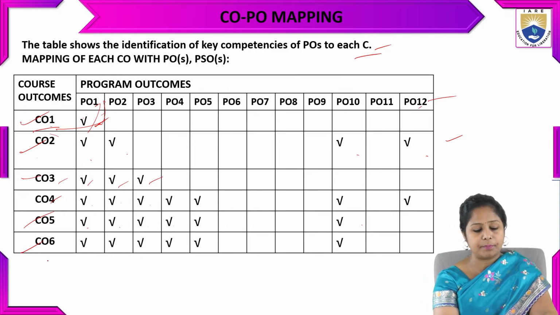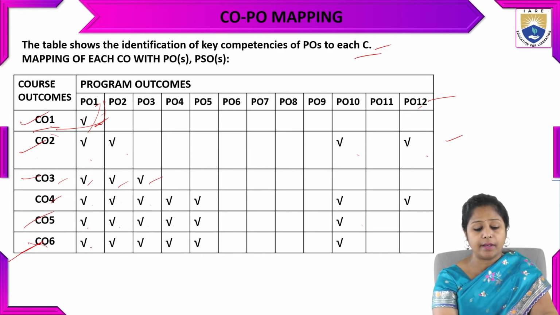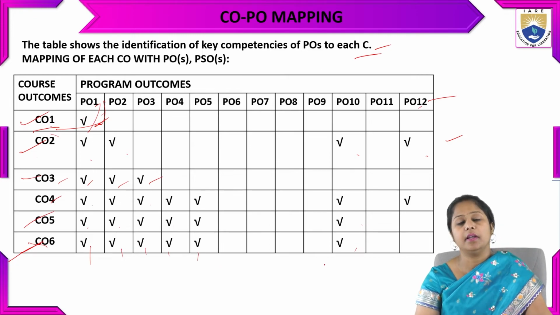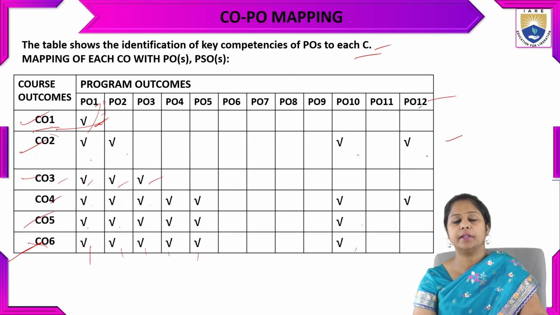Then our CO6, what we have formulated, is going to map with the PSO, PO1, PO2, 3, 4, 5 and 10. So these were the CO-PO mappings of our COs, formulated on the basis of the key competencies.